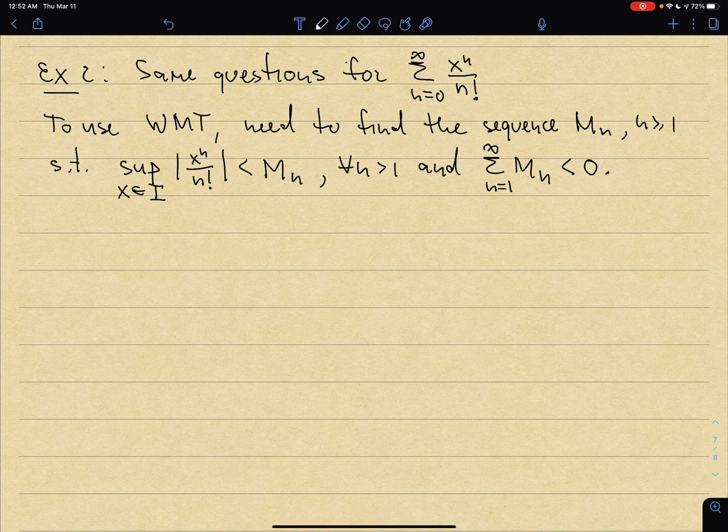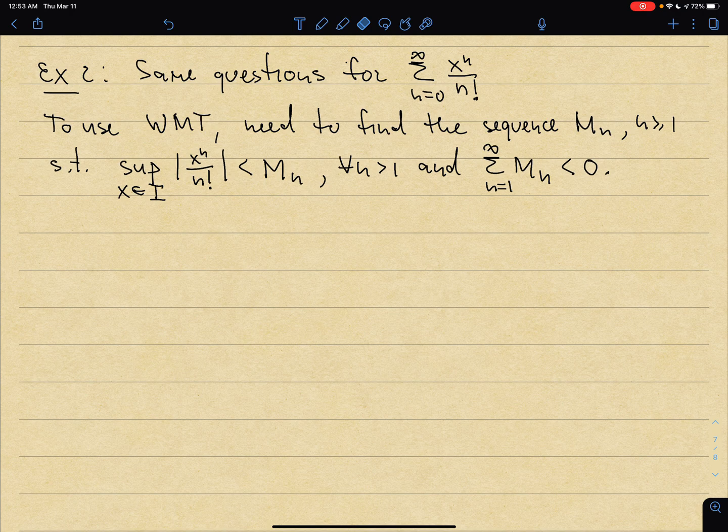Well, in advance I didn't tell you what the radius of convergence is, because we decided to go straight to test for uniform convergence. If I didn't tell you what the interval is, then maybe x can be anything. But then there is a problem here.